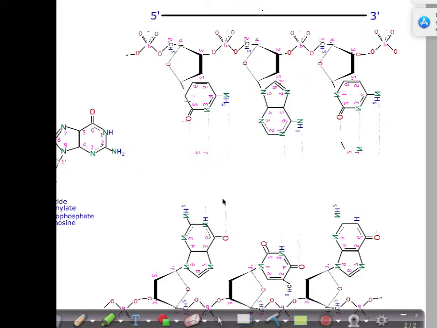So if we can recognize the rules of base pairing, that the guanine dictated that a cytosine would be incorporated next, that's the exact same thing that will dictate the RNA sequence as well.